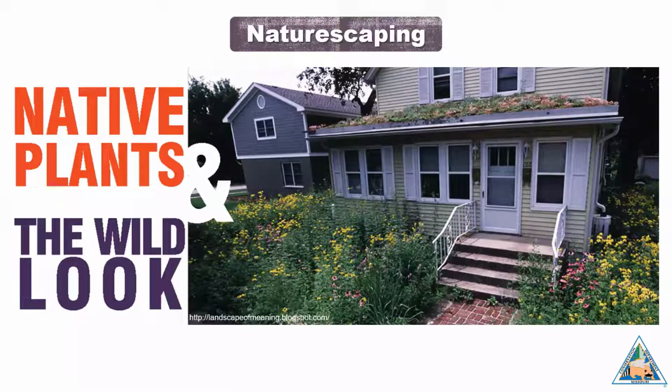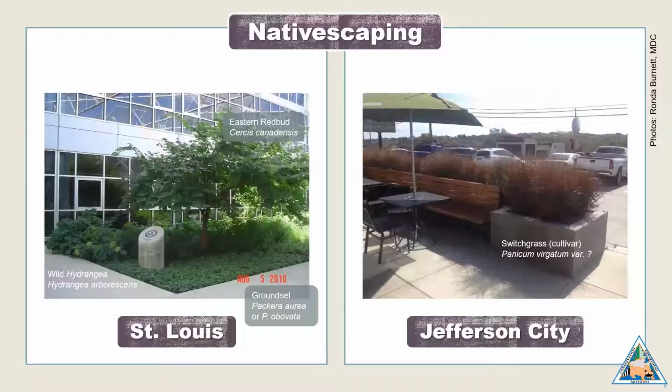And that is perfectly acceptable if that is what you intend to do. That is not what everybody who designs with native plants intends, though. Some of them want to have a look that is not naturalized at all, but they still want to use all native plant species. And if that's the case, then they are doing something that I call nativescaping.